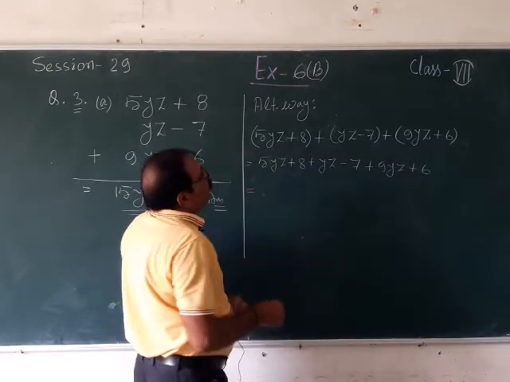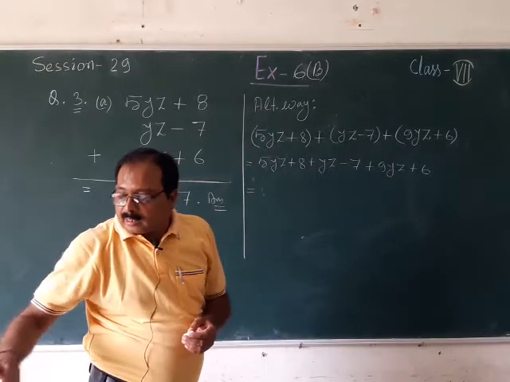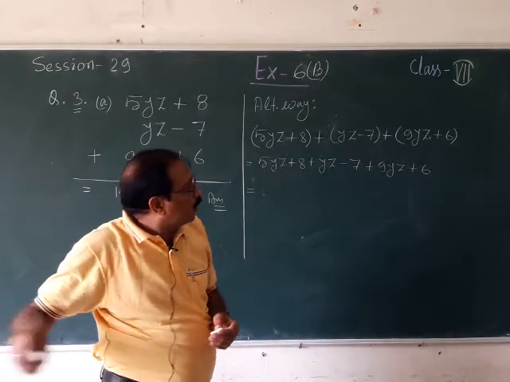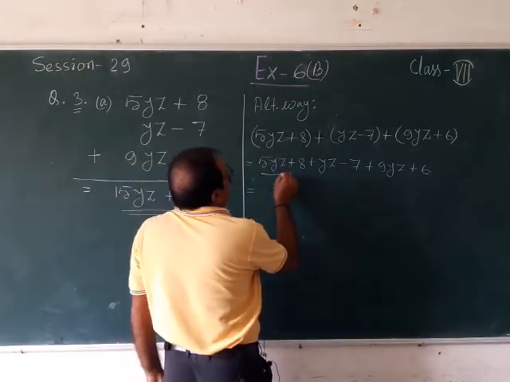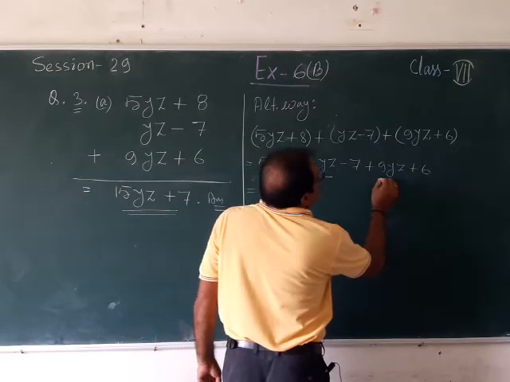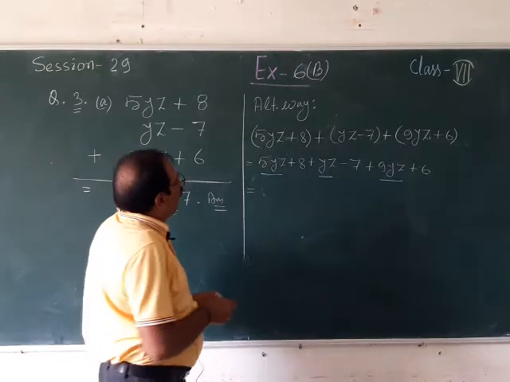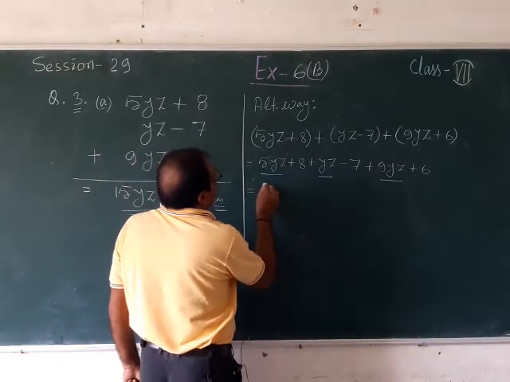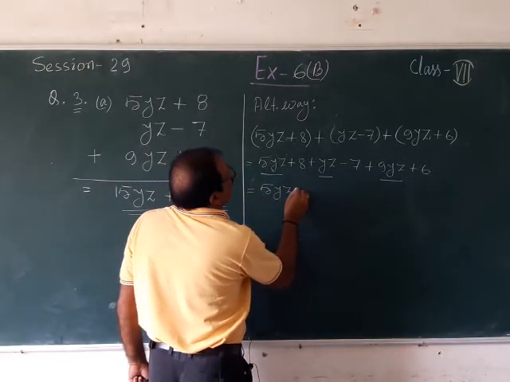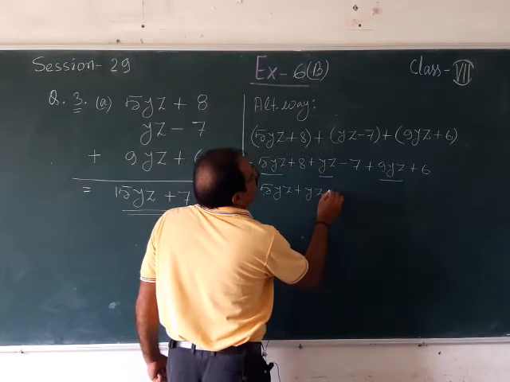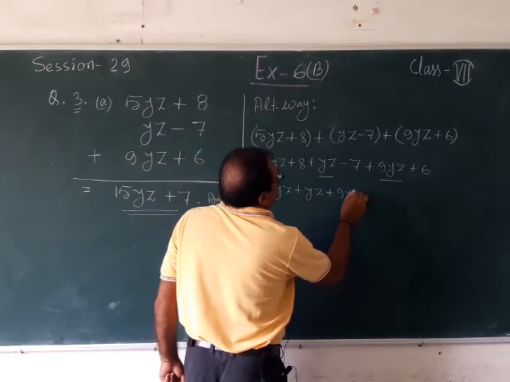Then you have to write all the like terms together. What are the like terms here? You can see yz, yz and yz. All the terms containing yz are like terms. So you write 5yz plus yz plus 9yz.